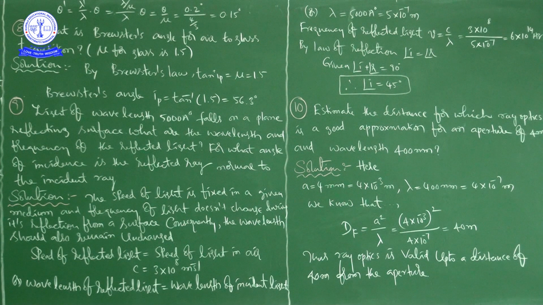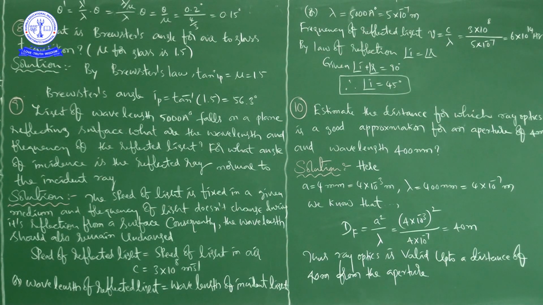Doing the calculation, you will get 40 meters. 40 meters is the distance for which ray optics is a good approximation. Thus ray optics is valid up to a distance of 40 meters from the aperture.